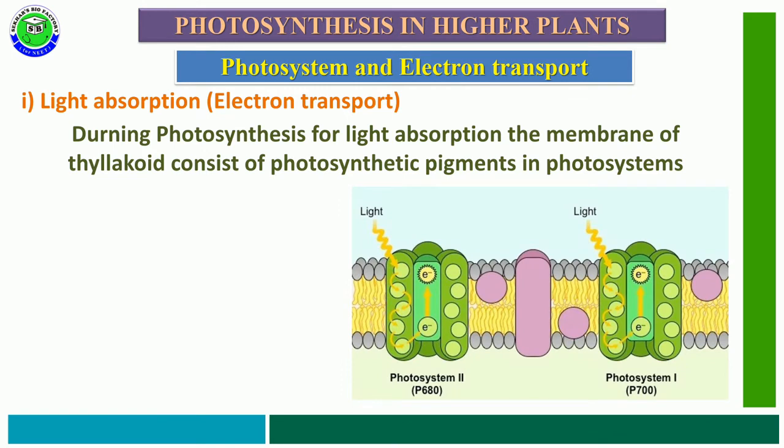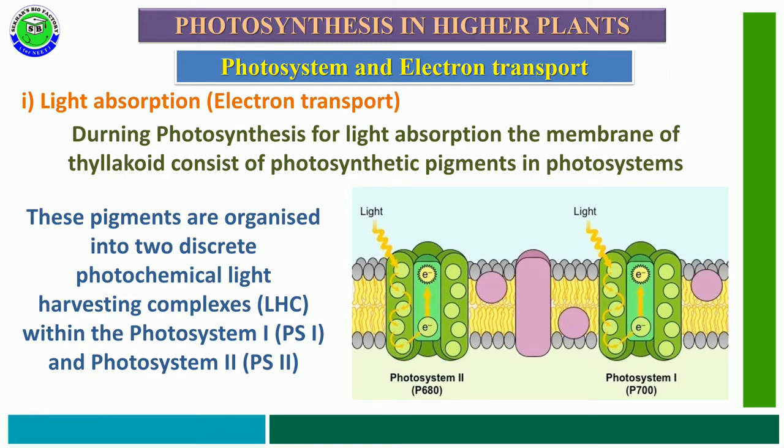During photosynthesis, light absorption is carried out by the membrane of thylakoid, because this membrane consists of photosynthetic pigments in the form of photosystems. These pigments present in the photosystems are organized into photochemical light harvesting complexes, simply called LHC, within PS1 and PS2.